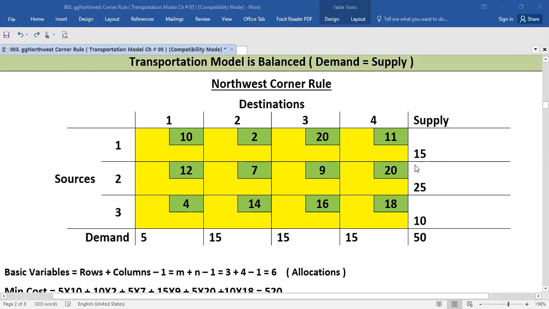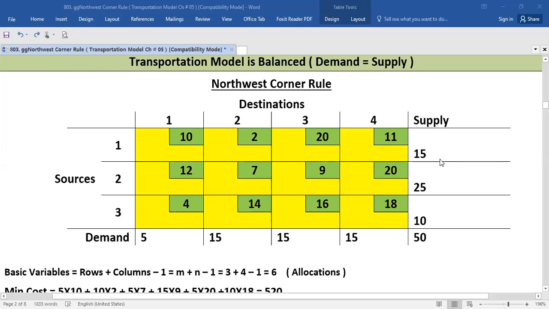I repeat, standing here, we will see below how much is the demand. Demand is 5. And we see on the right that the supply is 15.